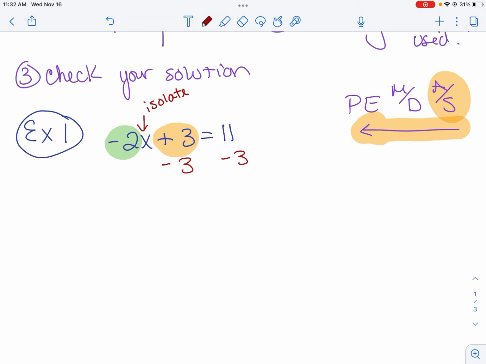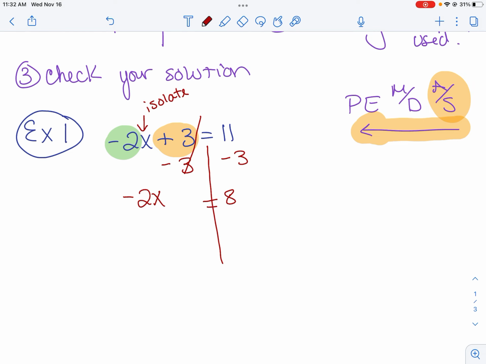Notice I'm doing it to both sides of that equal sign, right? Treat that like the bar that we did with your algebra tiles. We're subtracting from the like term, okay? So negative 2x gets brought down. Positive 3 and negative 3, the reason we did that is that they're inverses, so they give us 0, so that crosses out. And 11 minus 3 is 8, okay?